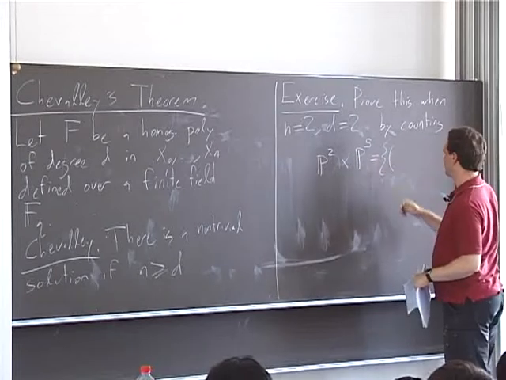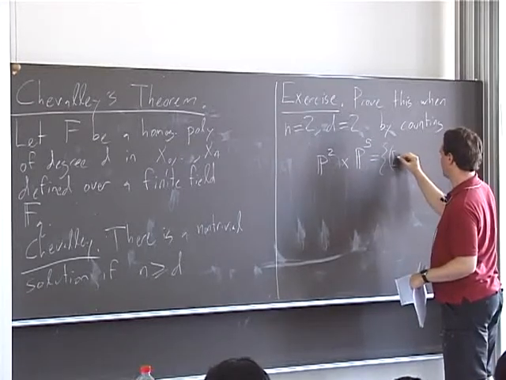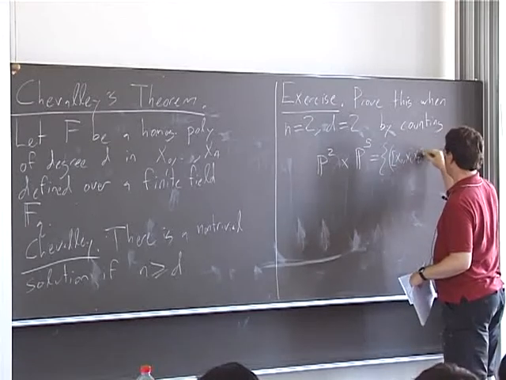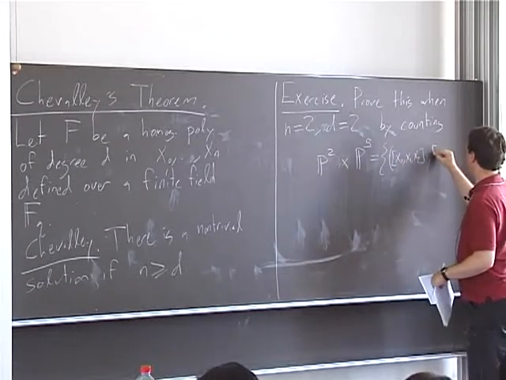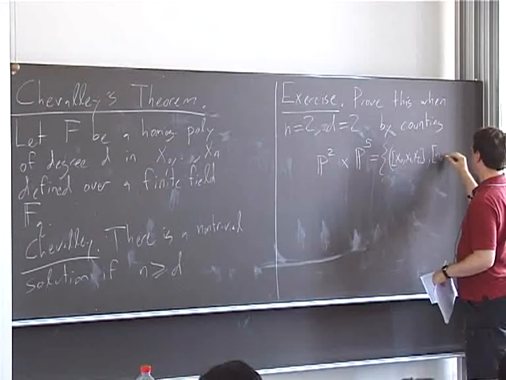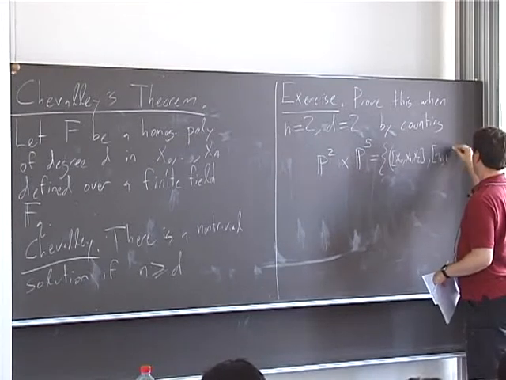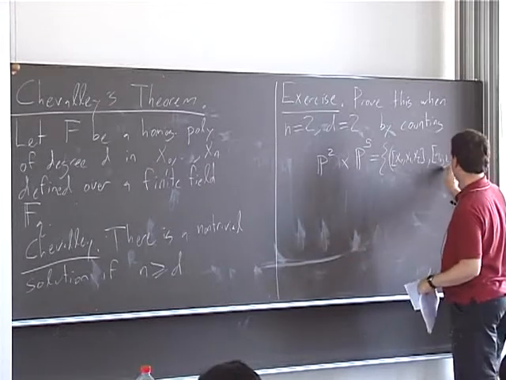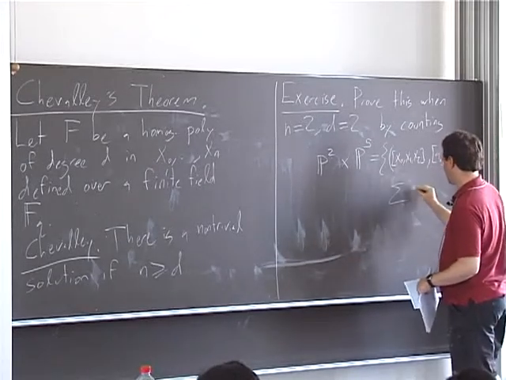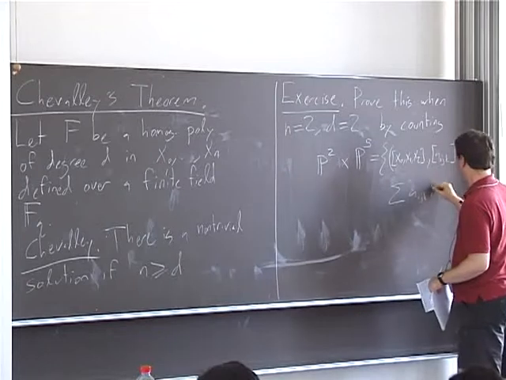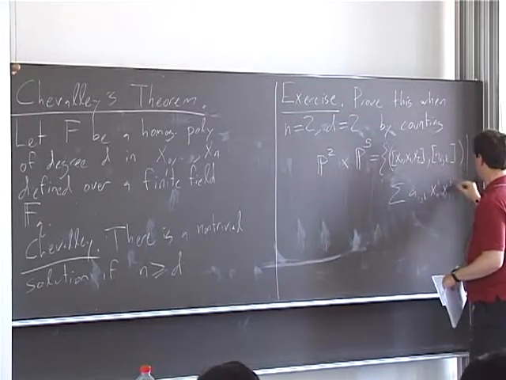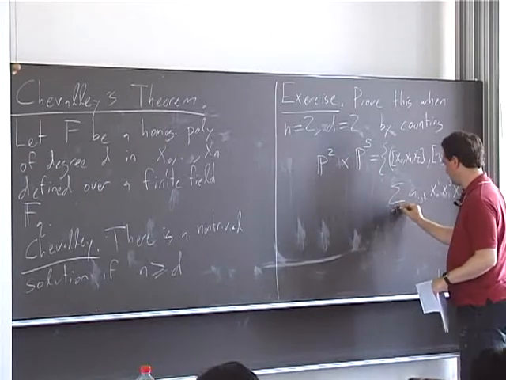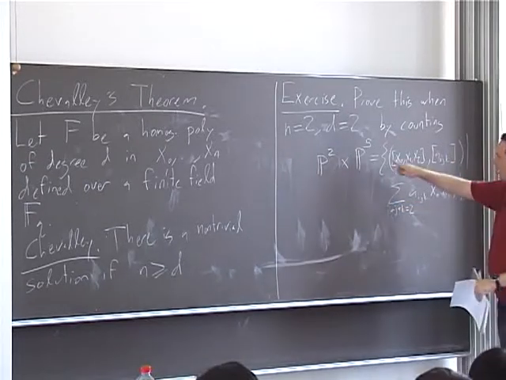So we can consider P2 cross P5, which is just the set of pairs of a point in P2, and then the coefficient vector of some degree 2 polynomial. So what do I mean by this? So a_ijk, we can consider x0 to the i, x1 to the j, x2 to the k, and I want that i plus j plus k equals 2. I'm looking at a degree 2 polynomial here.